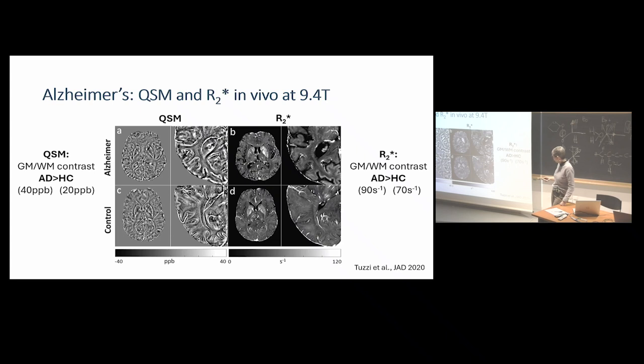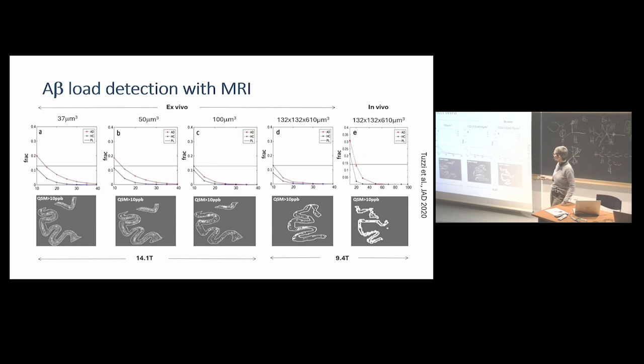If we now apply this histogram technique, we can actually determine an apparent amyloid beta load for these patients. It works a little bit better at high field ex vivo than in vivo, but it's a possibility.